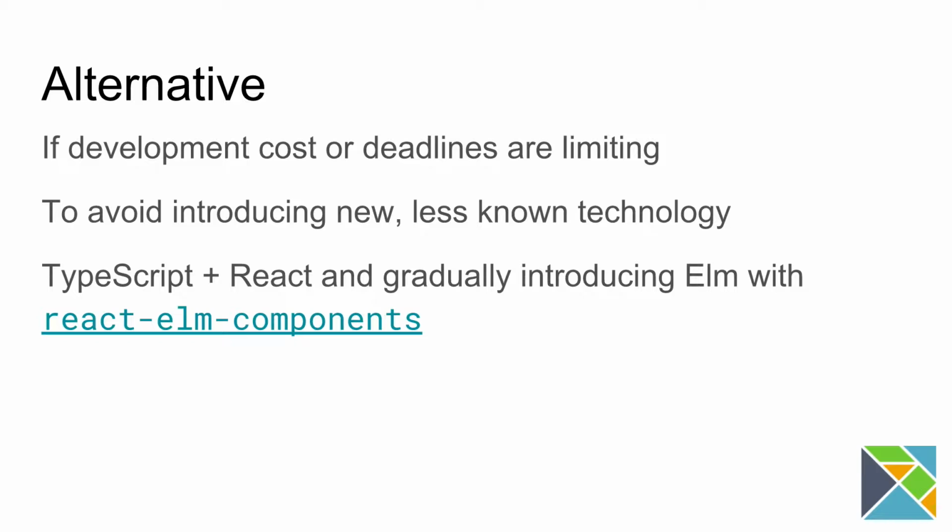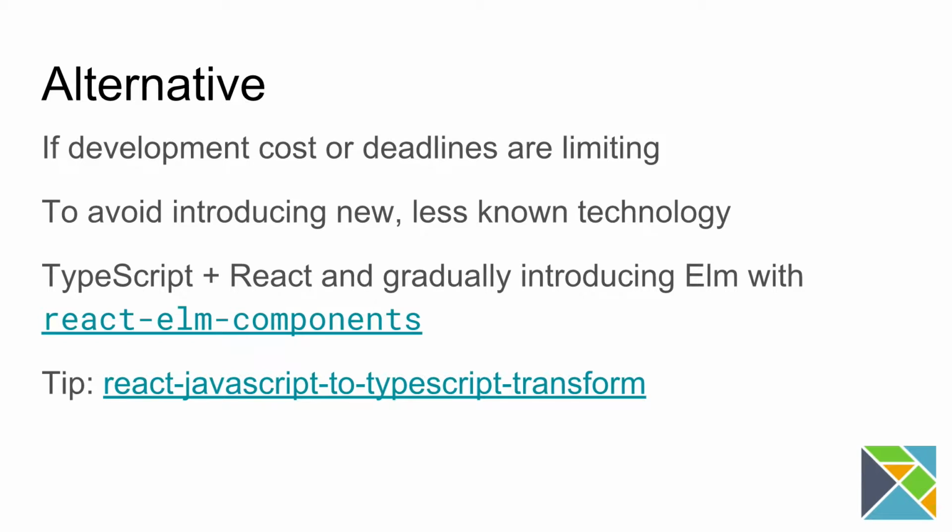Everyone here hopefully knows JavaScript, hopefully is familiar with React just a little bit, but it's also easier to learn. And you can use React Elm components to gradually add Elm. So you have a few components which are done in Elm, but everything else is in React.